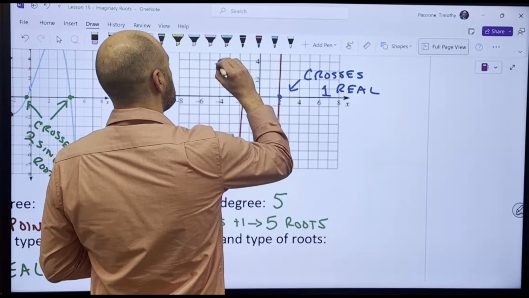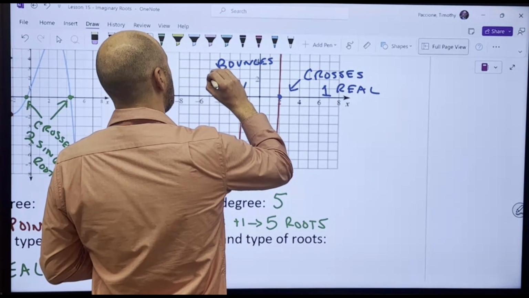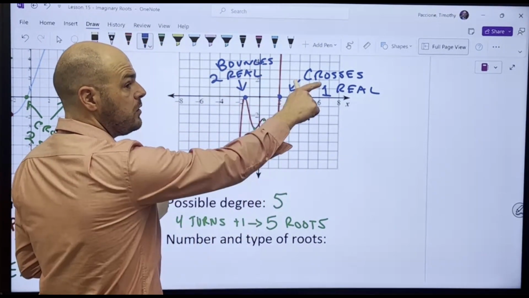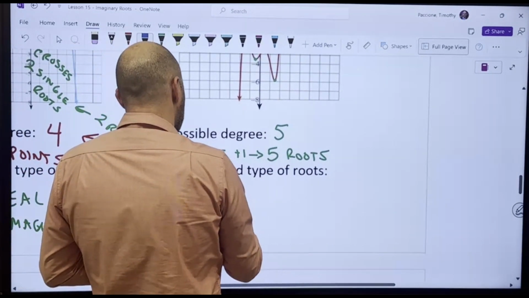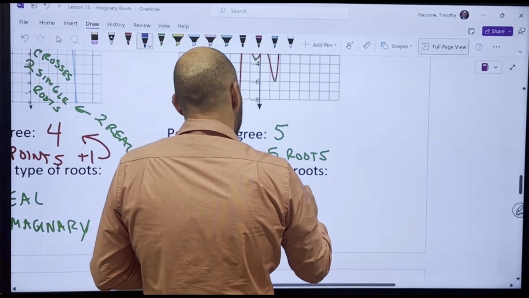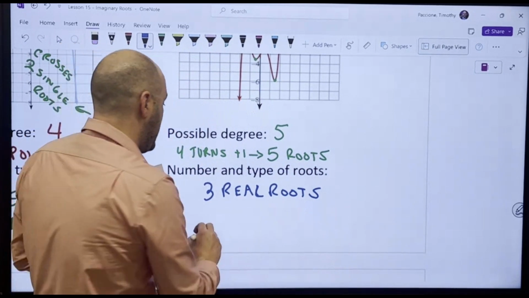This bounces, so that's a double, so that's 2 real. All right, so that's 2 real, 1 more real, that's 3 real. So the number and type of roots, well, we must have 3 real roots. And if we know we're supposed to have 5, well, that leaves 2 imaginary.